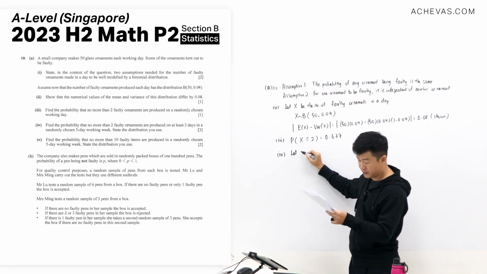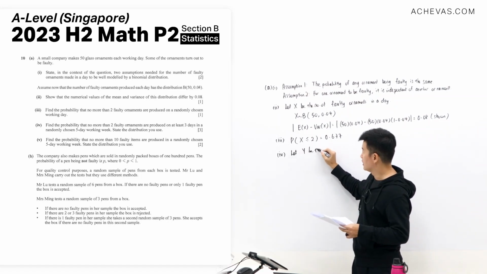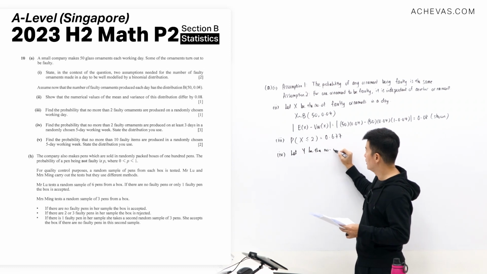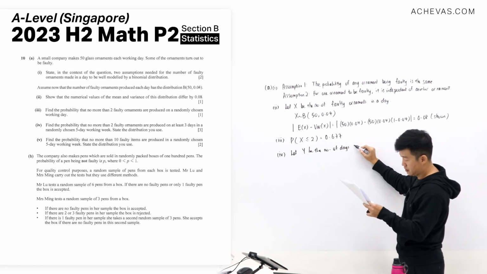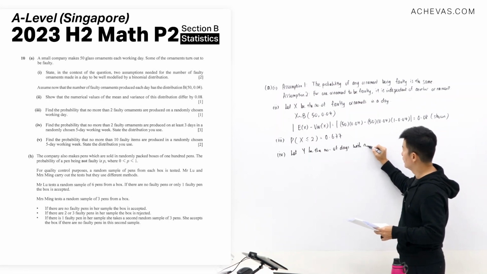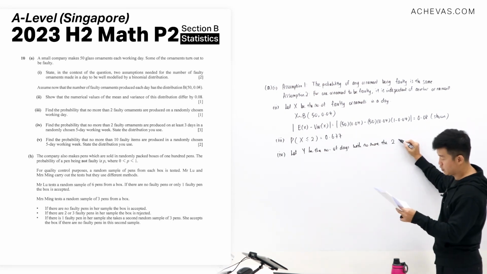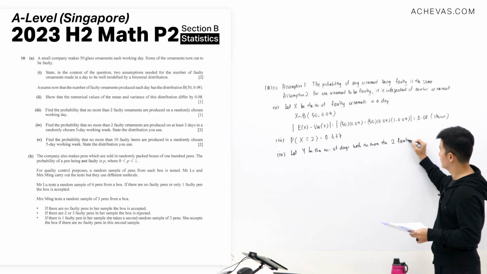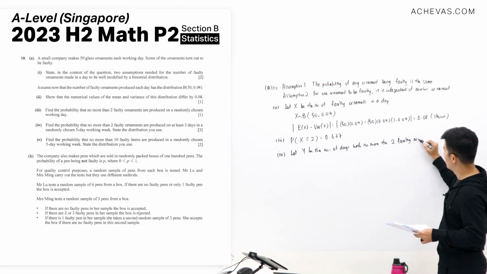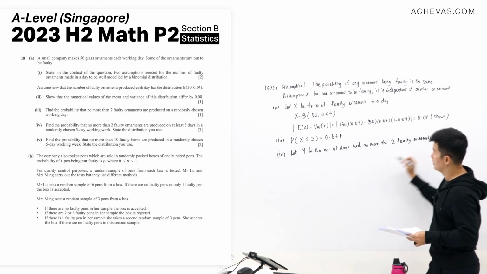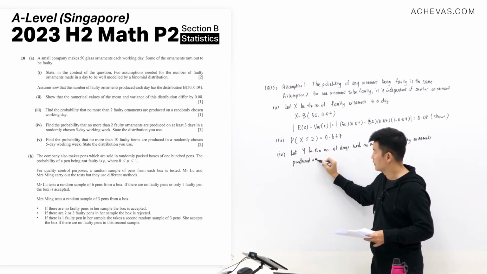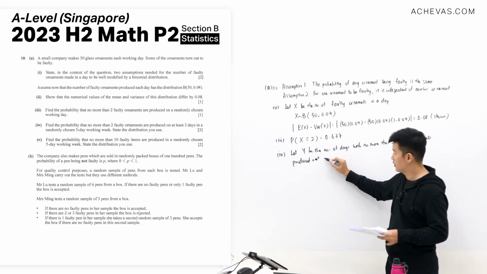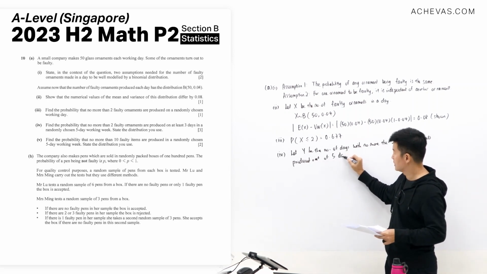And I'm going to let, for example, y be the number of days with no more than 2 faulty ornaments that are produced out of this 5-day work week, out of 5 days.